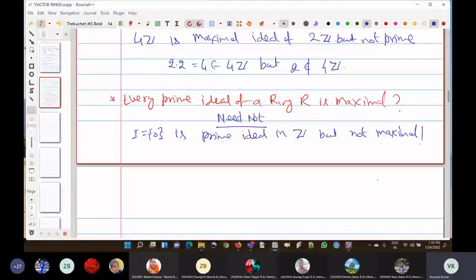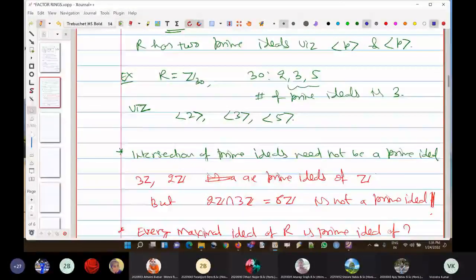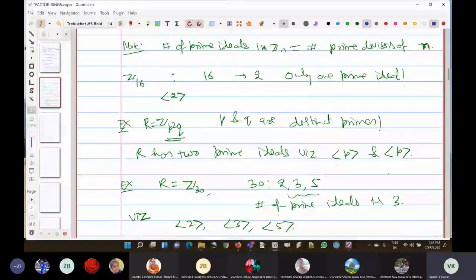With this information, one thing I would like to ask you. Can we say something about ideals in Zn? Because when we were talking about prime ideals and maximal ideals in Zn, we counted the number of prime divisors of the integer.